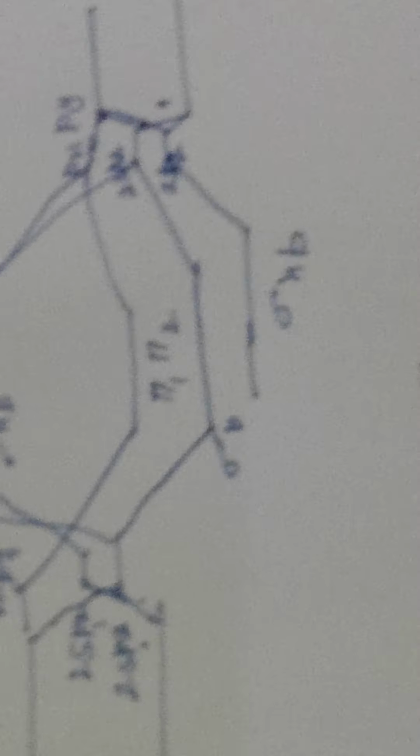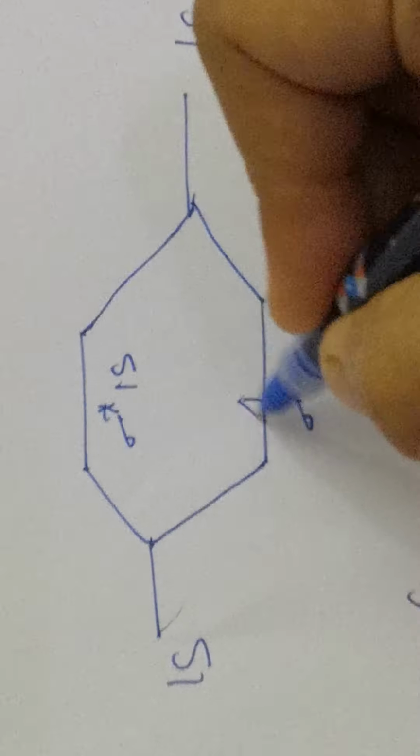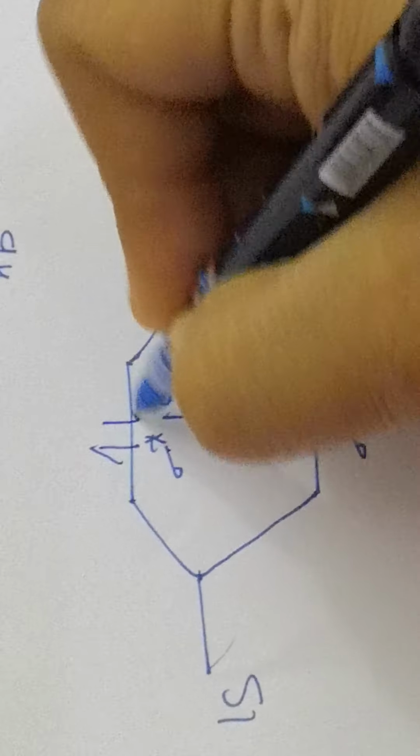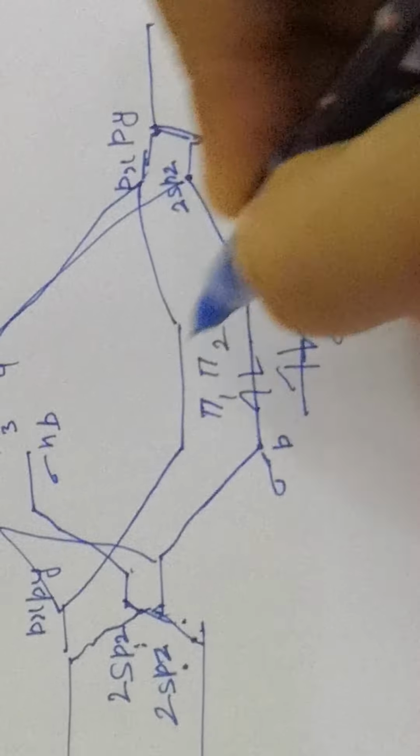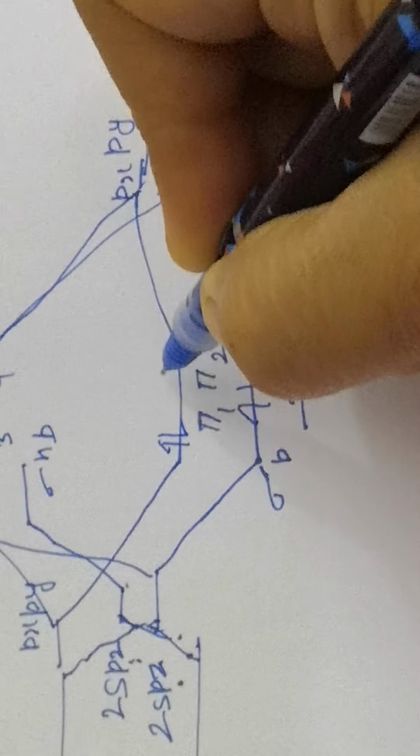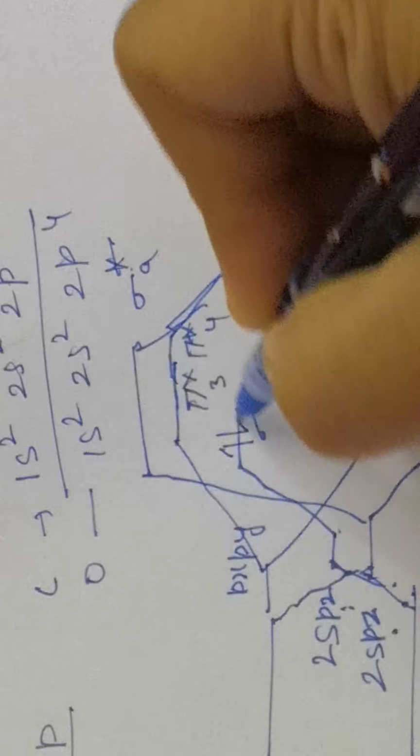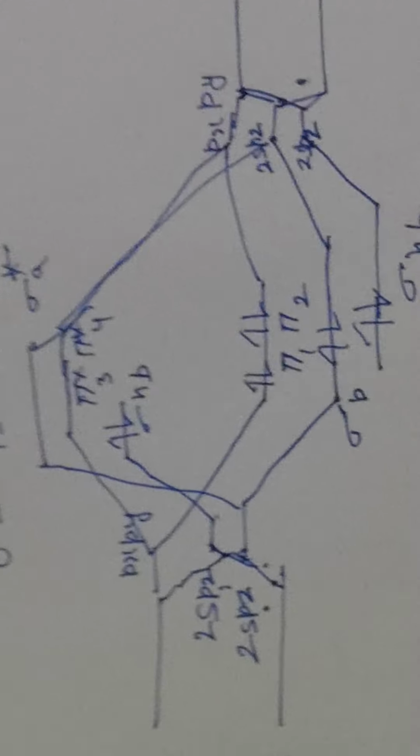So if we are filling the electrons in this carbon monoxide, a total of 14 electrons are there.